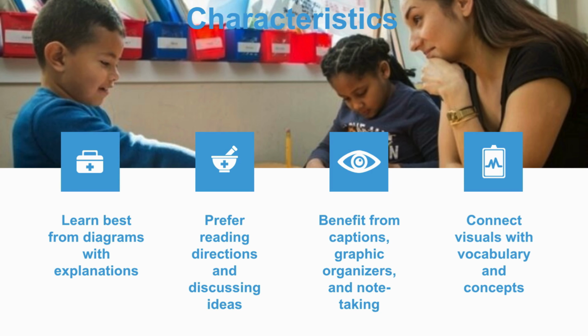Let's go back and forth and hash out and flush out these ideas. They benefit from captions, graphic organizers, and note-taking, and they connect visuals with vocabulary and concepts. So as an instructor, being able to present a multitude of visual and verbal audio contexts is beneficial for this population.